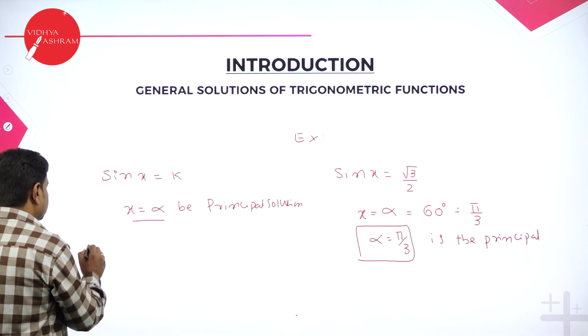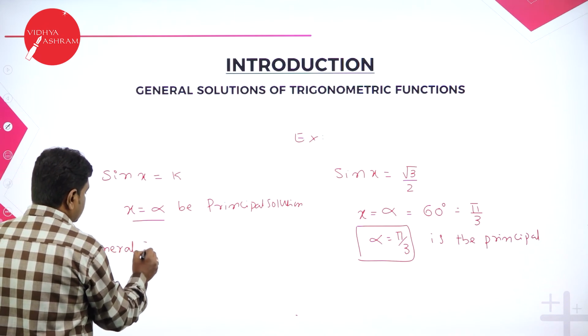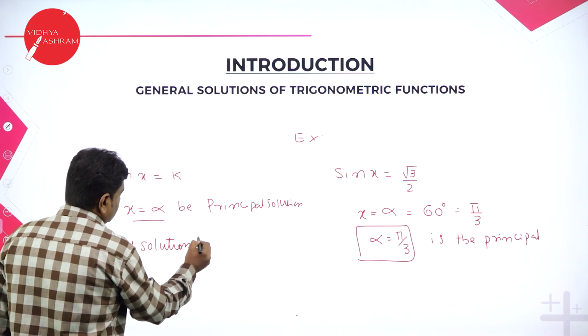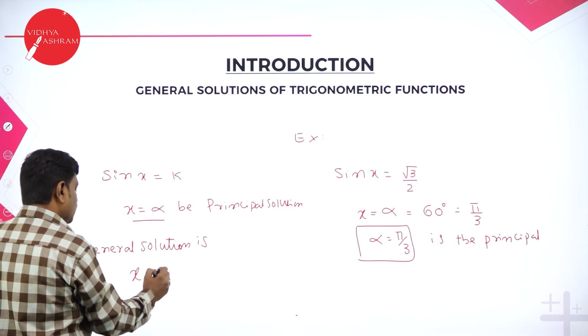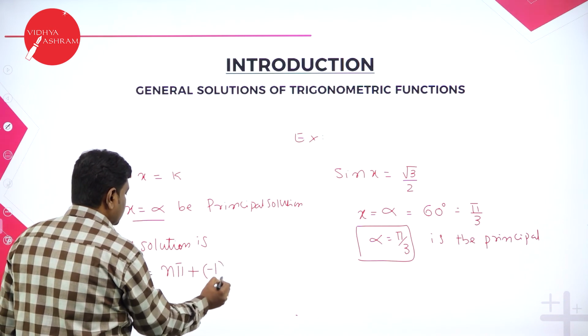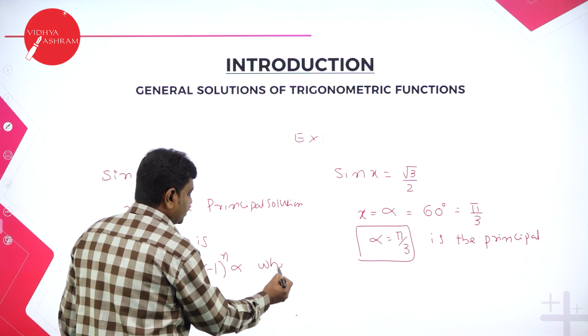And general solution for this is, in the place of x may be not only alpha, n pi plus minus 1 whole power n alpha, where n belongs to integer.